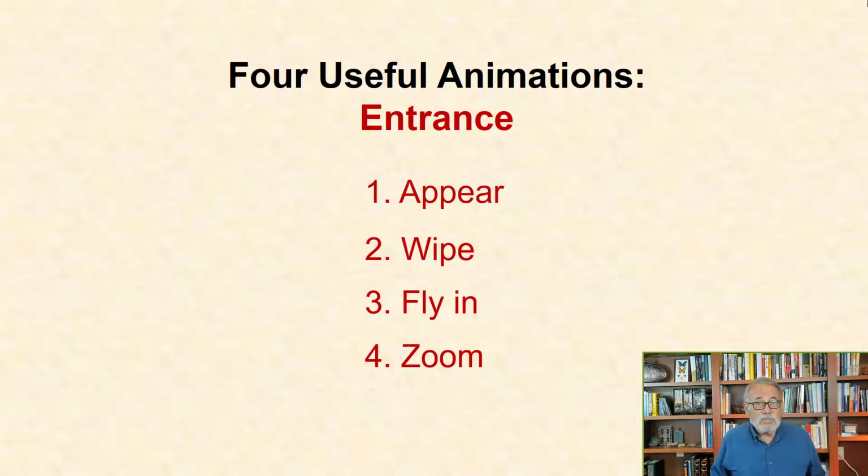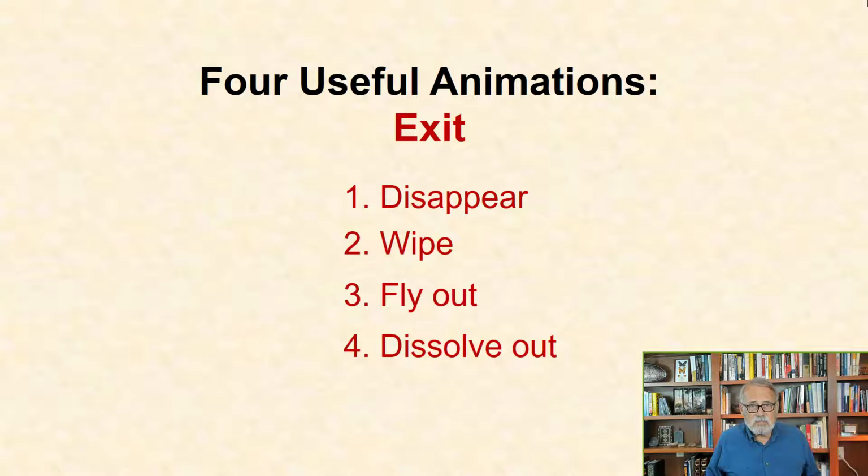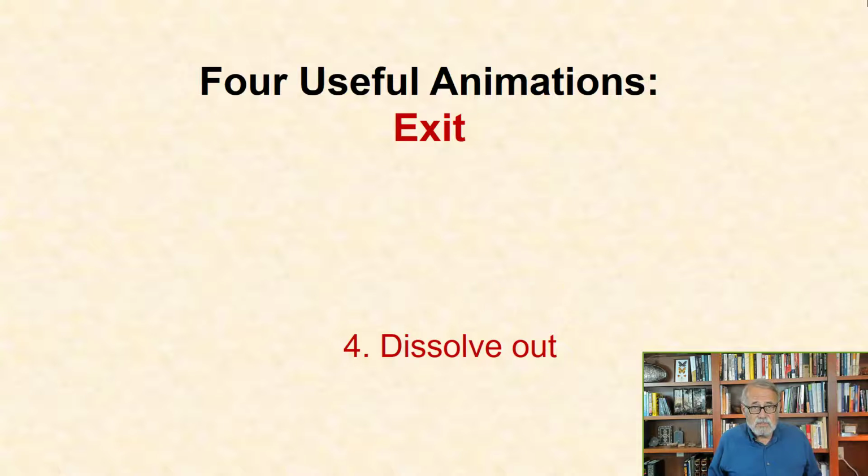There are around 3 dozen other entrance options. Content can exit a slide by disappearing, by wipe, by fly out, by dissolve out, and about 3 dozen other options for exiting that, most of which are reversed analogs of the entrance options.